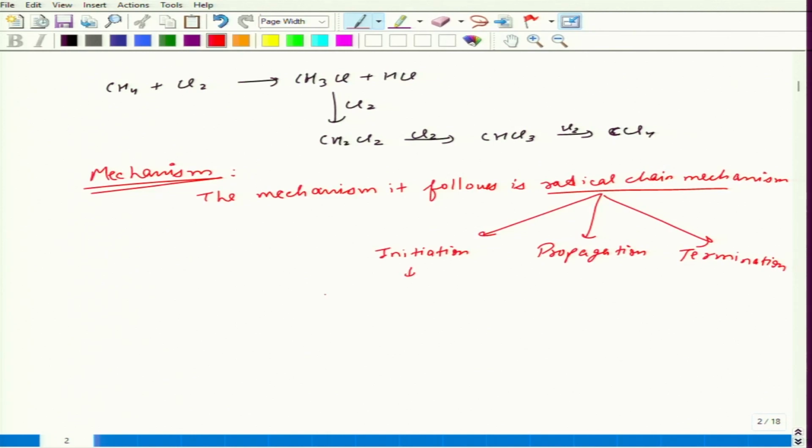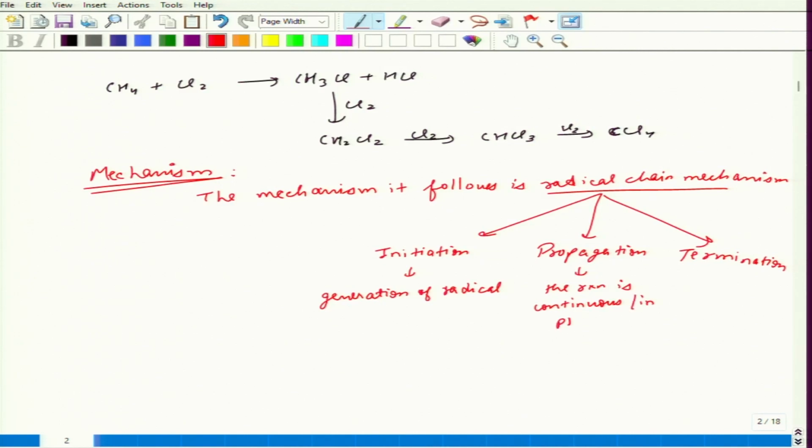What is initiation? Initiation means generation of radical. What is propagation? The propagation means the reaction is continuously going on, the reaction is continuous, in process.